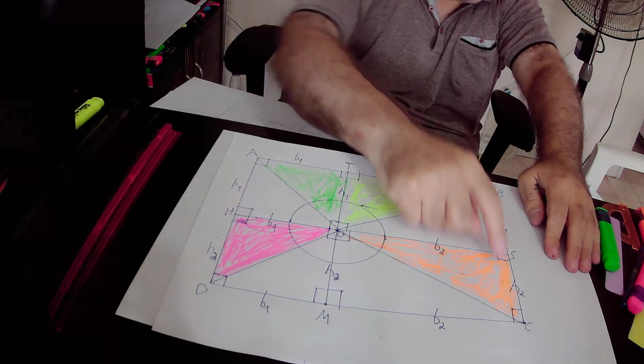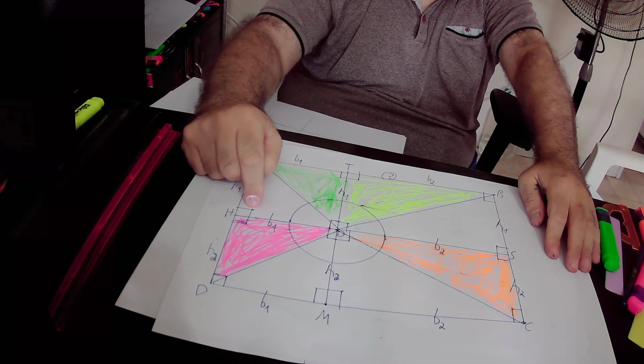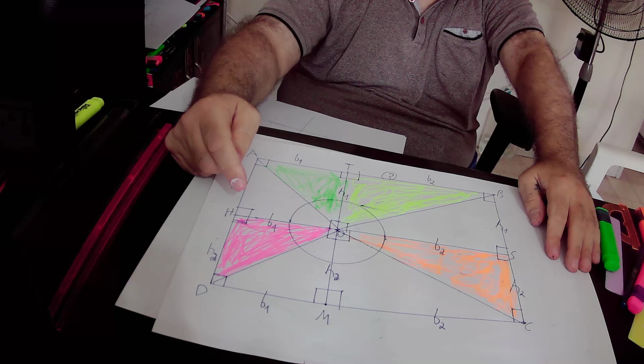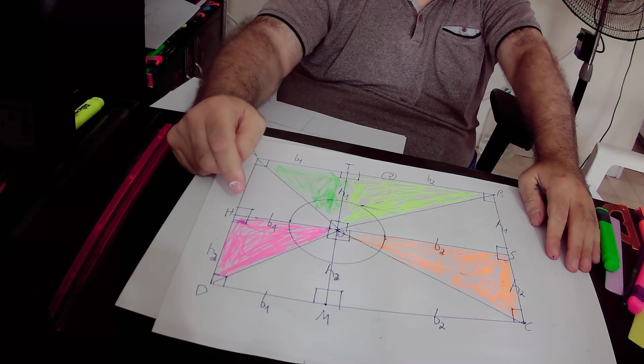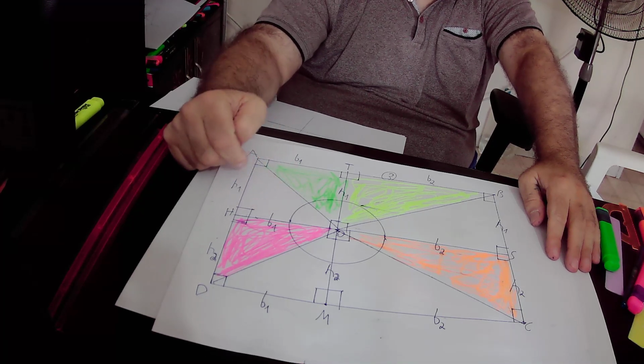Why? Because BC is parallel to AD. So this angle equals 90 degrees and this angle equals 90 degrees according to the rule that I mentioned. And we define the touching point of the perpendicular from point O and AD as H.